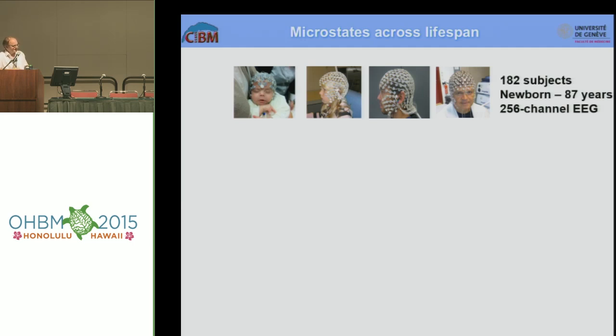This is a study that has been recently finished, not yet published, from our group, where we looked at all data that we have recorded over the last 10 years or more with high-density EEG, 256 channels, in different age ranges, and we looked at developments across the lifespan of these four microstates.